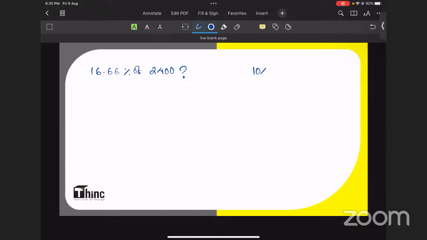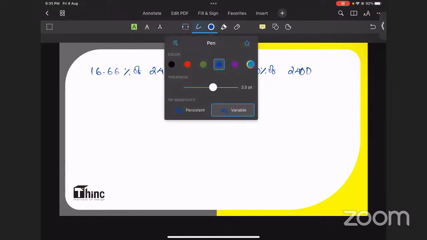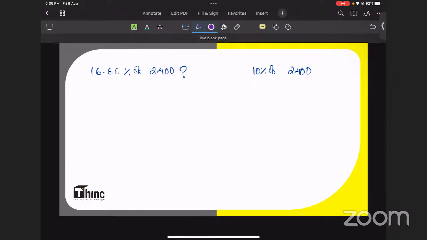10% of 2,400, that will be easier. See how we solve percentage questions from school onwards: 10% is 10 by 100.